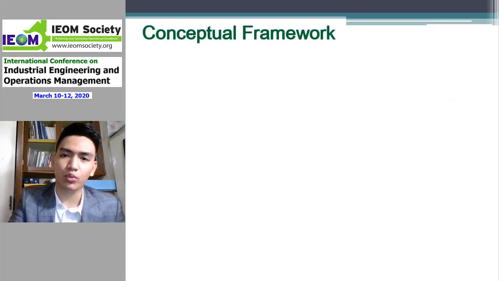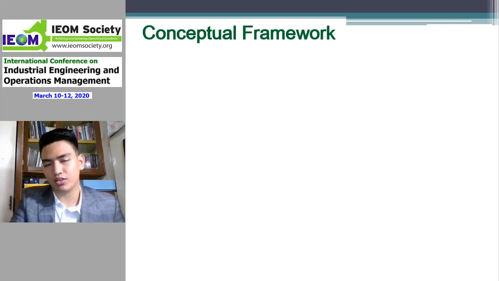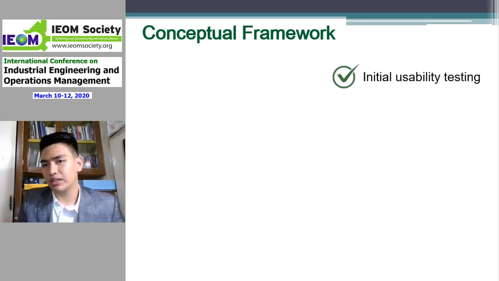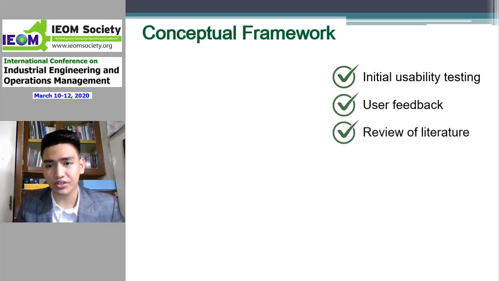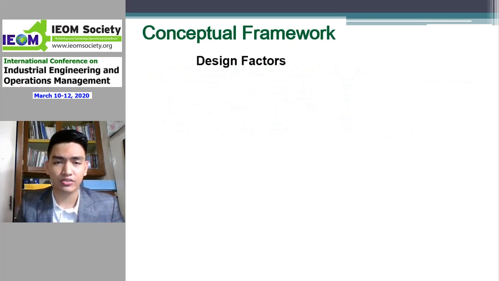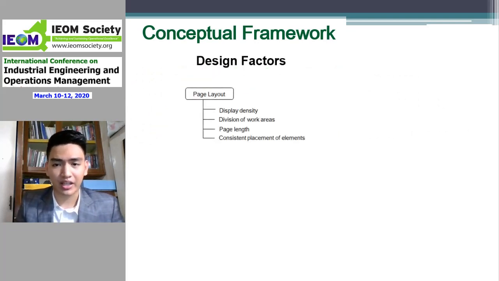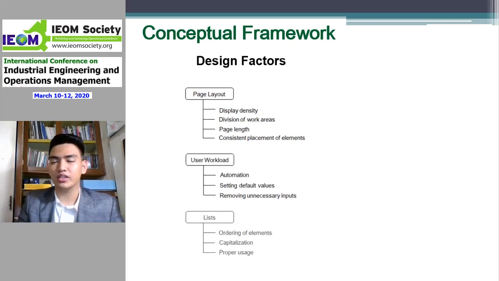Given this, we have established a framework that consists of the design factors. And so, from the initial usability testing, user feedback, and extensive literature review, relevant design factors were selected. These are page layout, user workload, and lists.